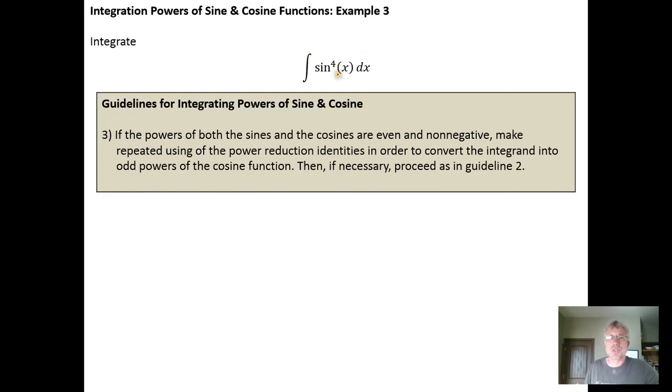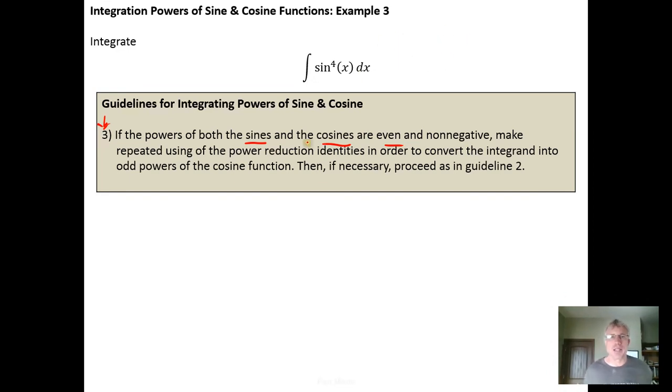There's a sense in which we can think of the cosine as having an even power. This is guideline number 3 that we went over in video 1. If the powers of both the sine and cosine are even and non-negative, and in this case cosine is really an even power because it's cosine to the 0 equals 1. So we don't need to write the cosine function, but we really could consider this as being a case where both the sine and cosine have even powers.